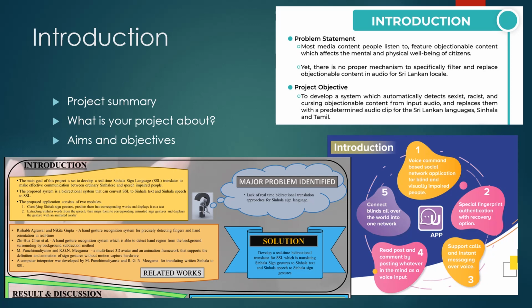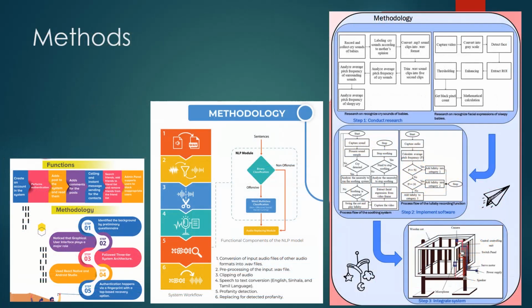Alright, let's look at the third component, methods. There is no limitation or restriction on what you want to show in the methods component. The purpose of this component is to explain the steps of the process of your research project.